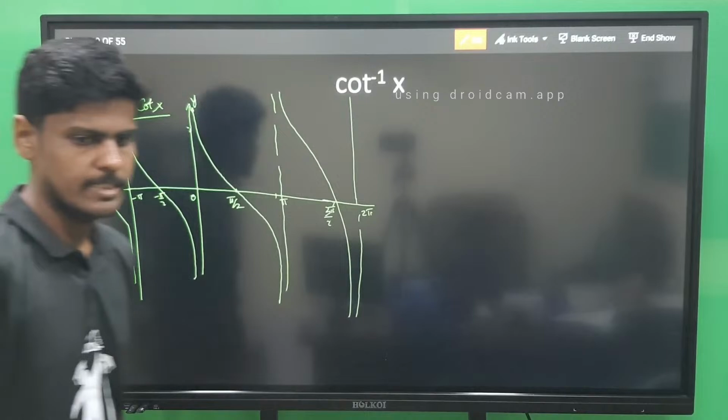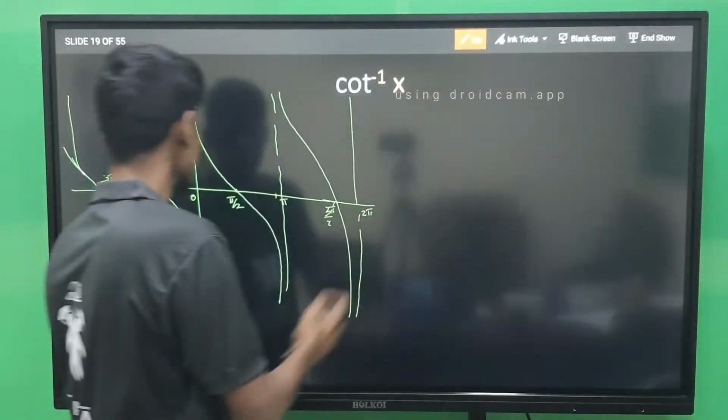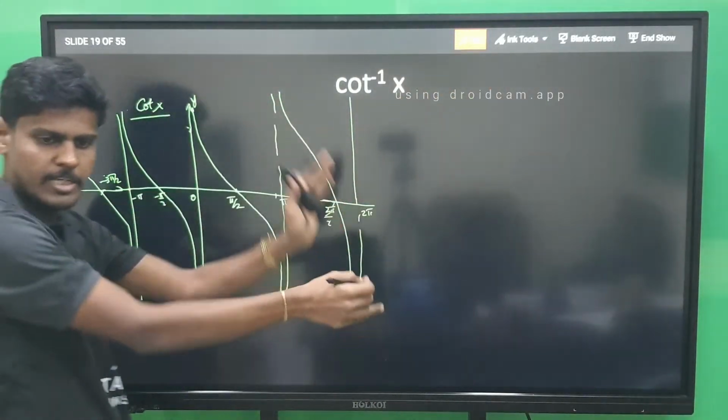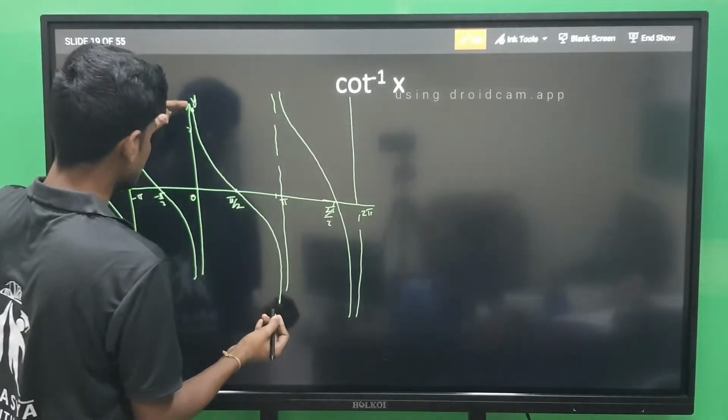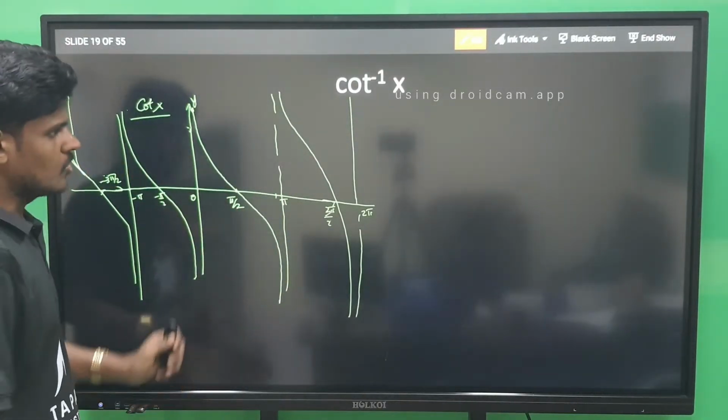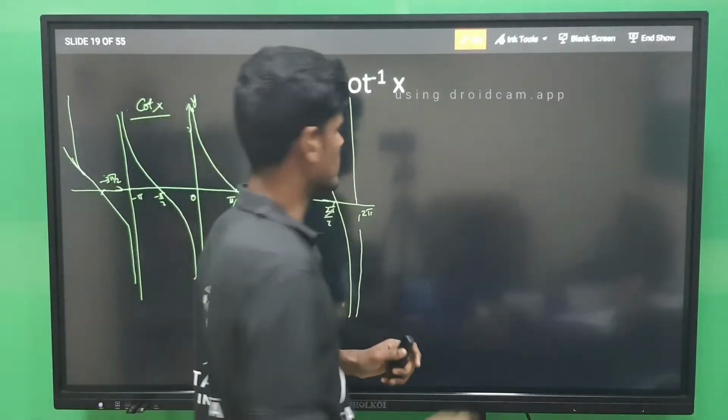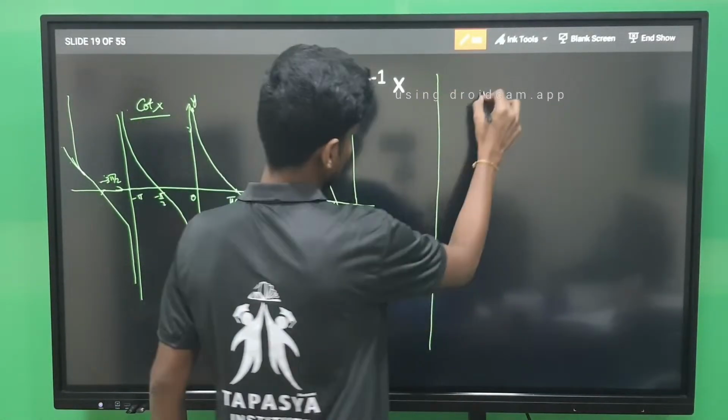The graph will go on like this. Now this value keeps on repeating after a certain interval. The period is again pi. That means the range is nothing but all the real numbers. So the domain of cot inverse x will also be all real numbers.